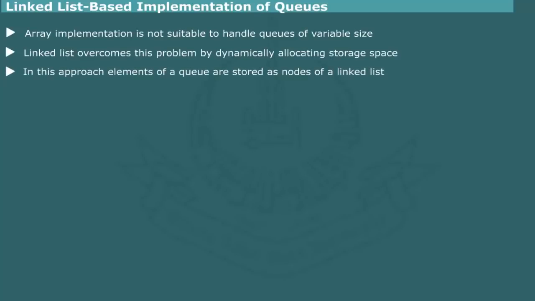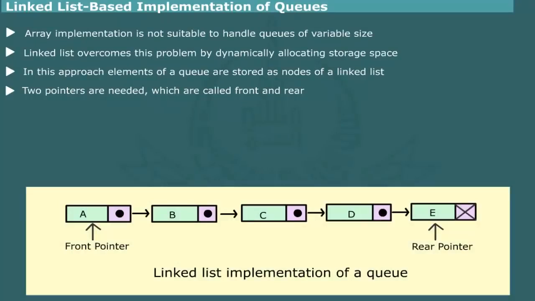In this implementation, elements of the queue are stored as nodes of a linked list. Two pointers are needed to mark the beginning and end of a queue. These are referred to as front and rear pointers. The figure shows an example of a queue implemented as a linked list.